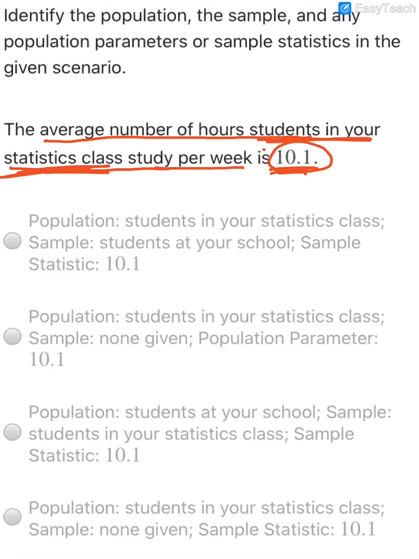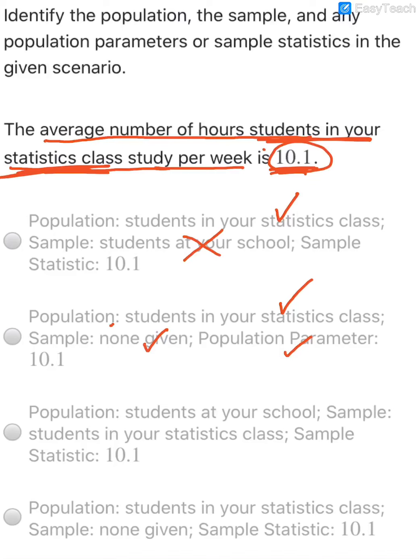So when we look at our answers, the population is students in your statistics class. That is true. We do not have a sample of students at your school, so that is not true. So again, the population is students in your statistics class. There is not a sample given, and because we're based on a population, 10.1 is known as a population parameter.